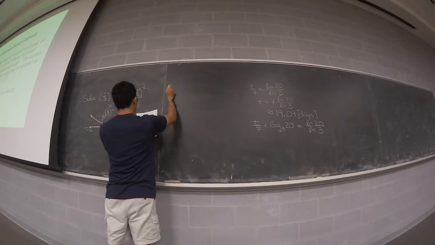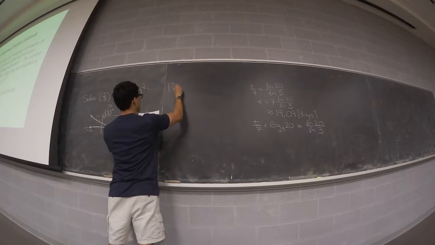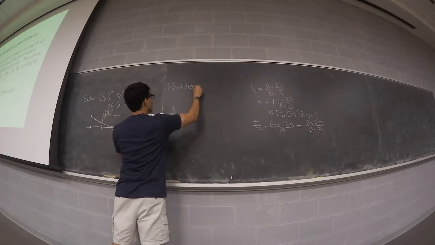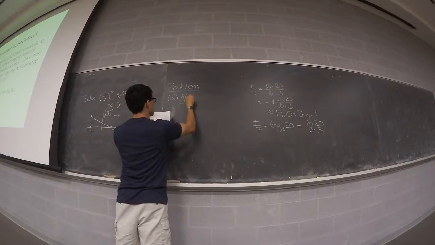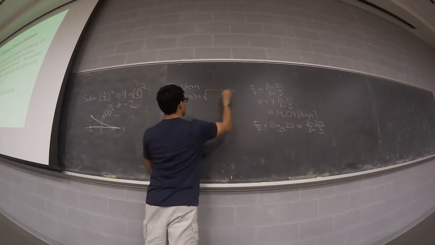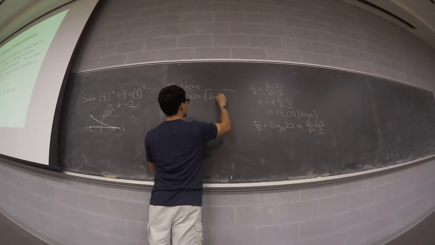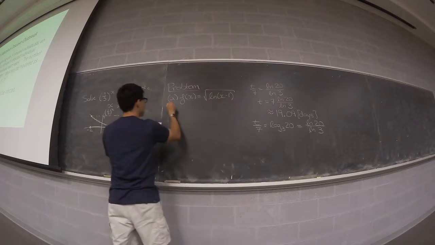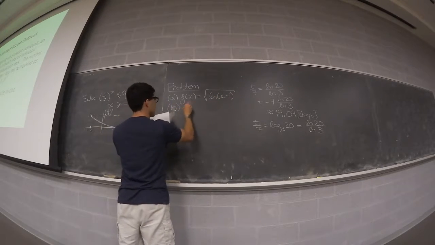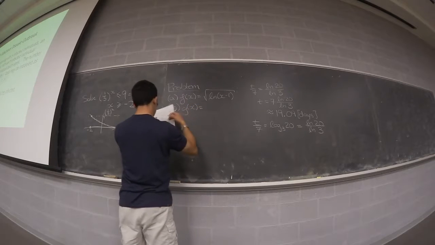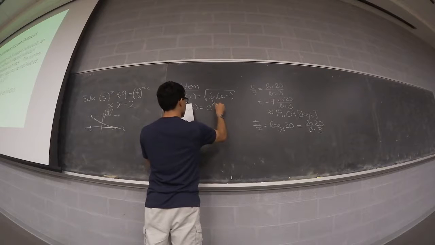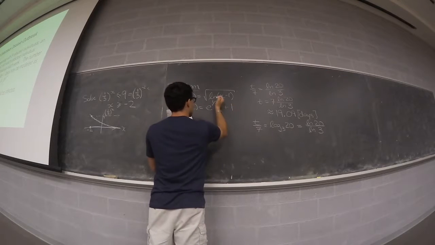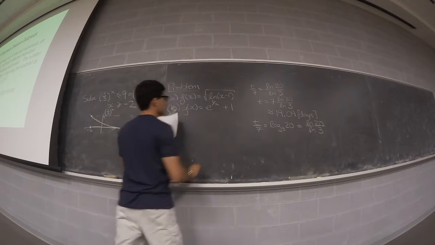Okay, here we go. Problem, in case you were wondering. F at x is equal to the natural log of x minus 1. G at x is equal to... Some of these may look familiar. e to the 1 over x plus 1.